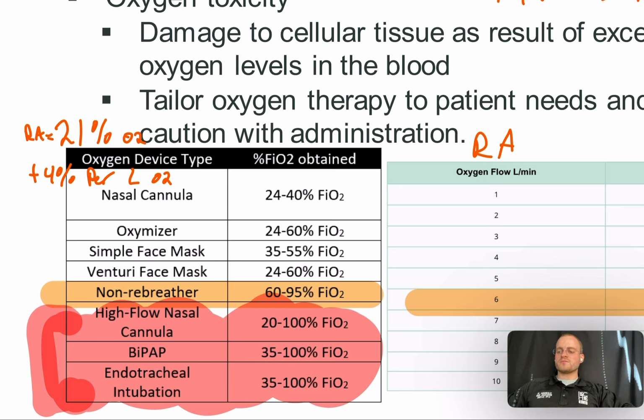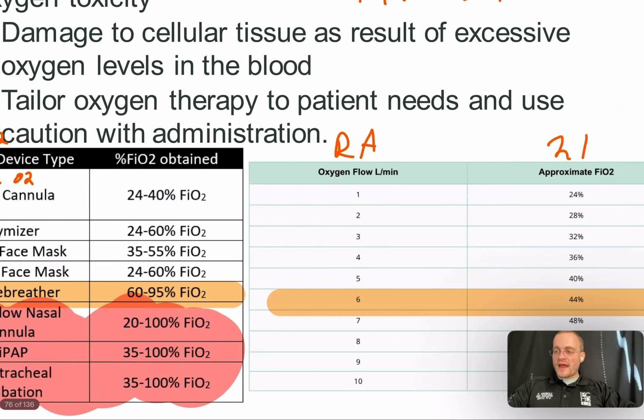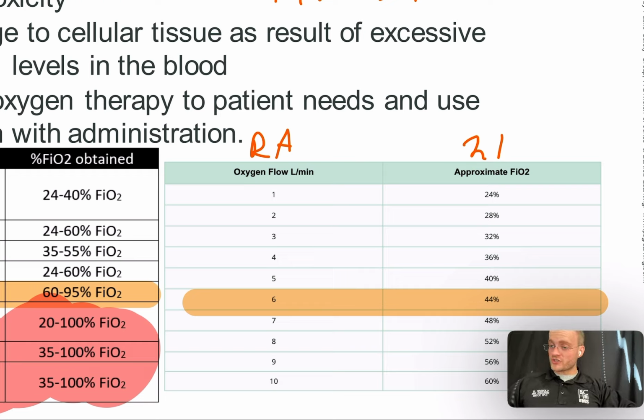We don't really do that at the EMT level, but just be aware. A non-rebreather is somewhere between 60 and 95% FiO2, which is the amount of oxygen in the air that you're breathing in. And for every liter that you add to a nasal cannula, you're adding about 4% oxygen to the FiO2. Very important to know those formulas, okay? They're very simple, and that will occasionally be tested.